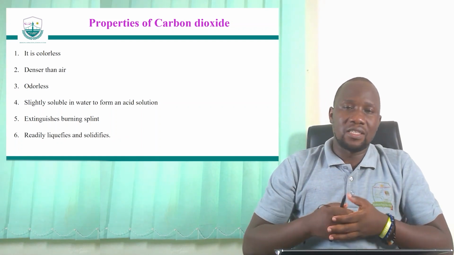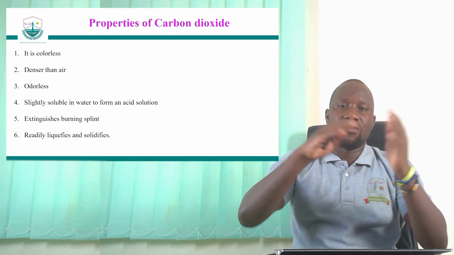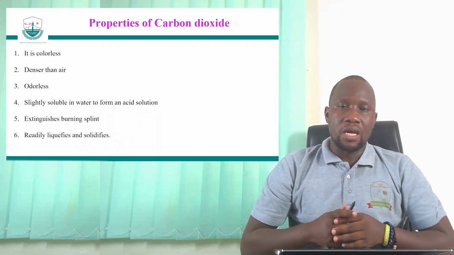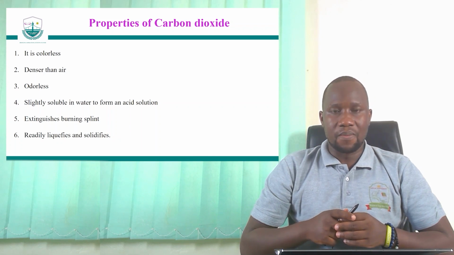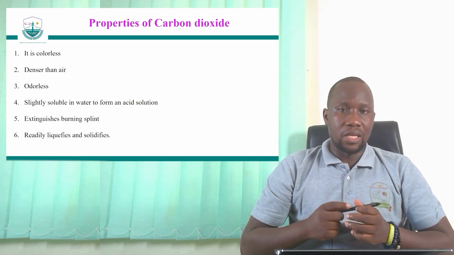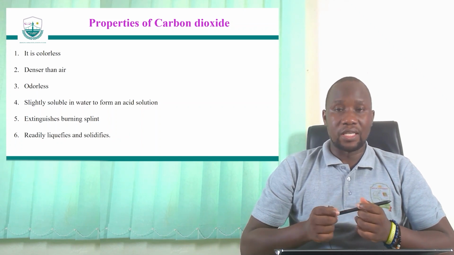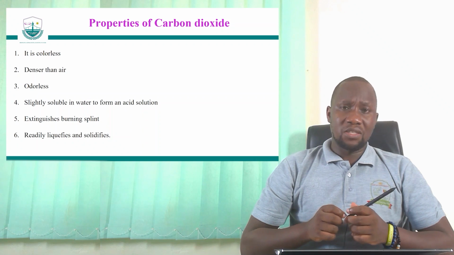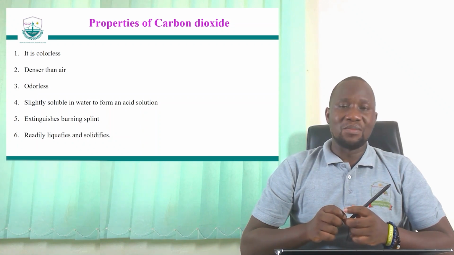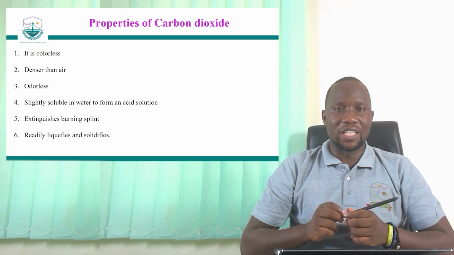But since it is denser than air, it forms a layer that cuts off oxygen and therefore extinguishes the fire. So that is an important property that carbon dioxide has.